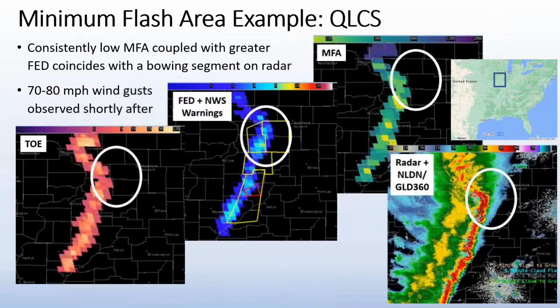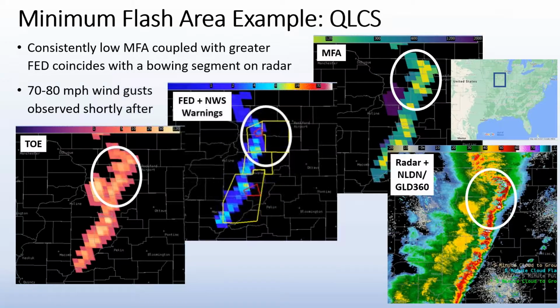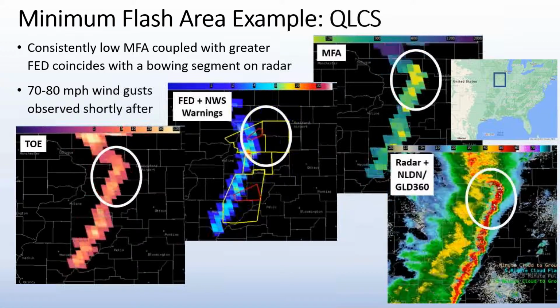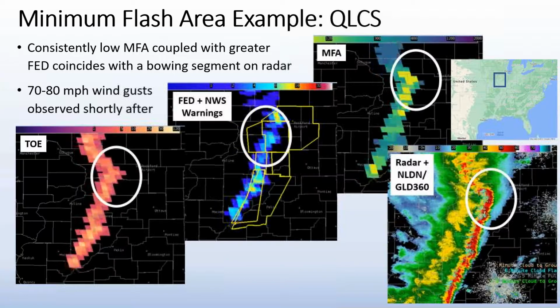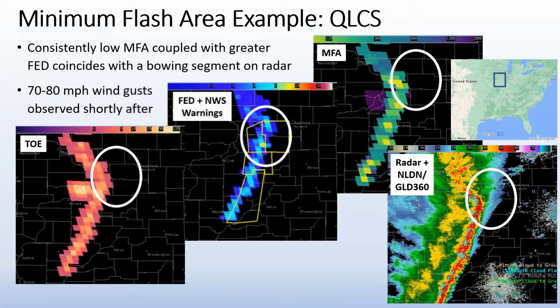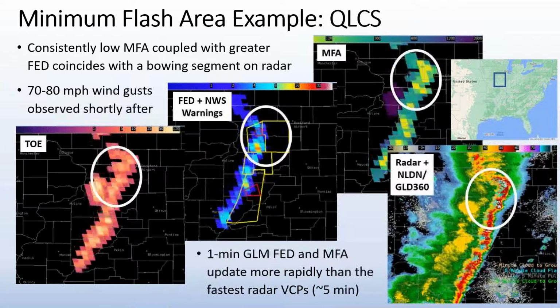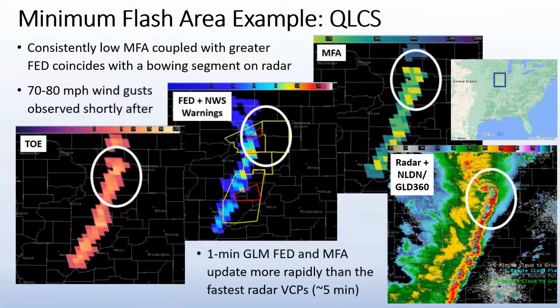So before we move on, something else to notice here in the context of having the radar data overlaid is that the gridded products from the GLM are updating every minute, similar to how the ground-based lightning networks are updating, whereas the fastest VCP from the radar is updating only just under every 5 minutes.